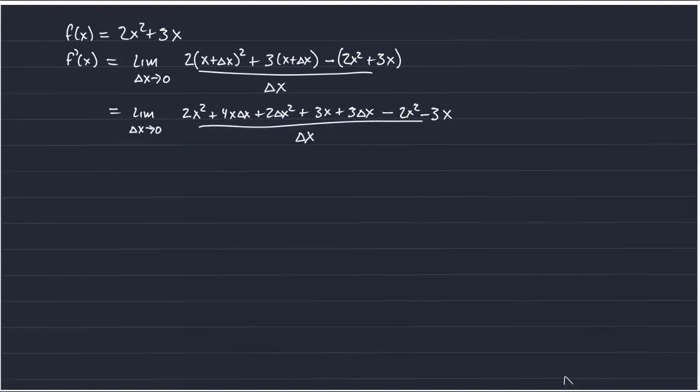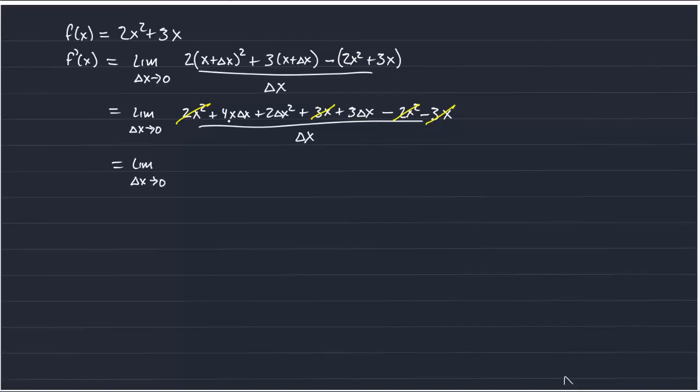And you'll notice we can cancel out the terms that are not products of delta x. And this gives us the limit as delta x goes to 0.